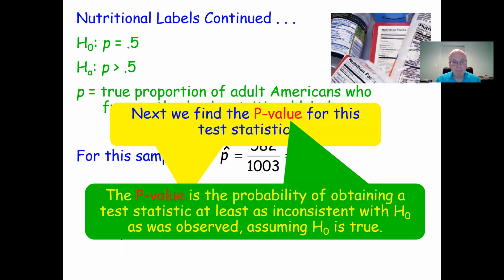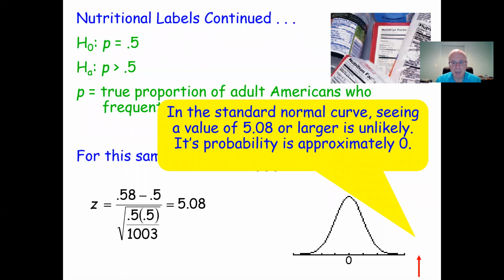So once again, the p-value is the probability of obtaining a test statistic at least as inconsistent with H naught as was observed, assuming H naught is true. I think I said it a little clearer than the slide here. So in the standard normal curve, the z curve, that's what we're going to draw here. 5.08 is way out to the right for z.